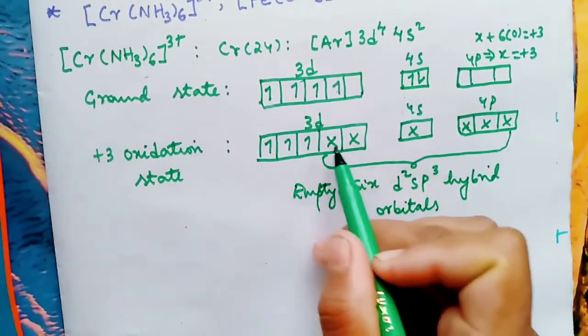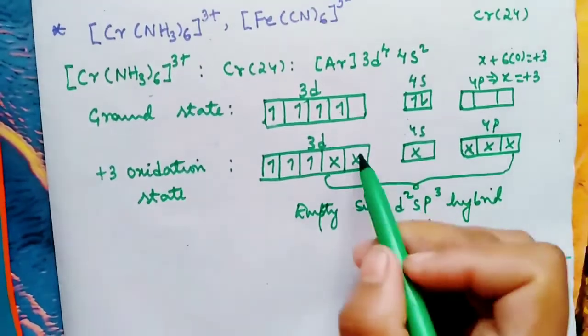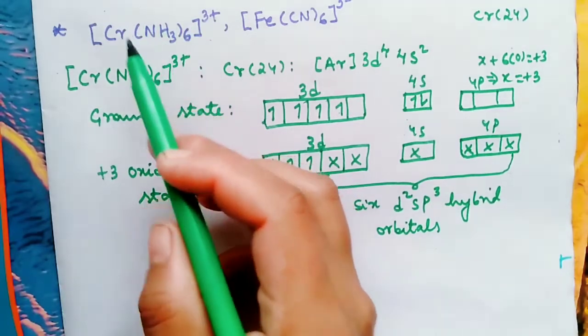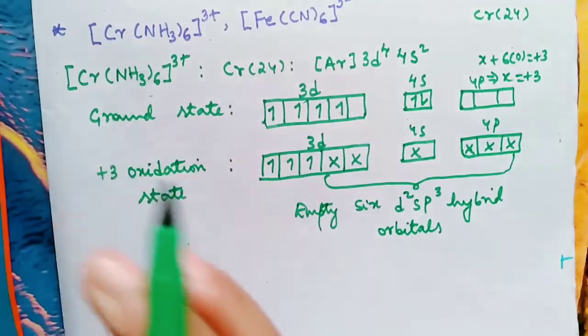These empty 6 d2sp3 hybrid orbitals are occupied by the 6 NH3 molecules. Hence, in this way, this complex is formed.